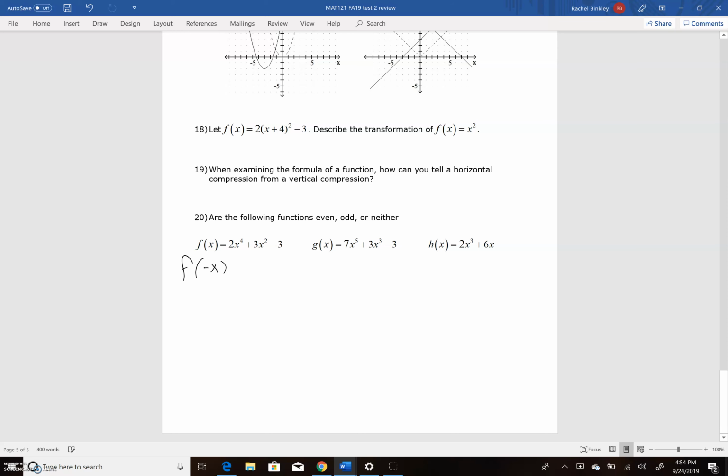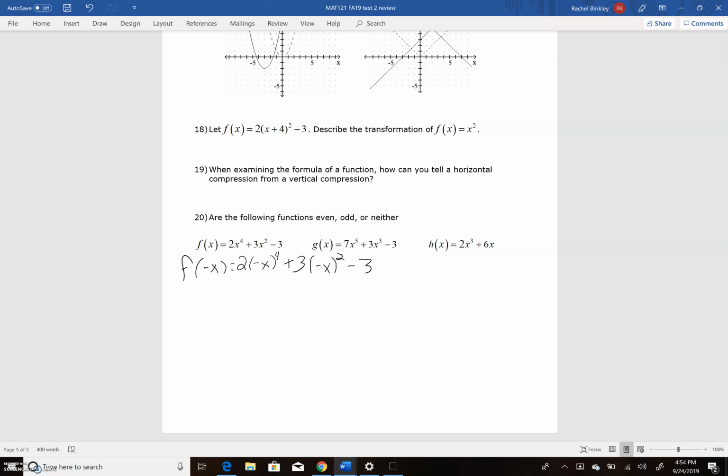So first we have, equals 2, and so instead of x to the 4th, we have negative x to the 4th, plus 3x squared, but instead of having x squared, we have negative x squared minus 3.